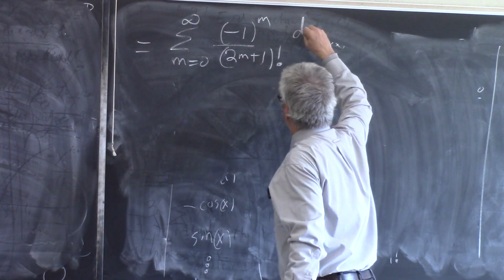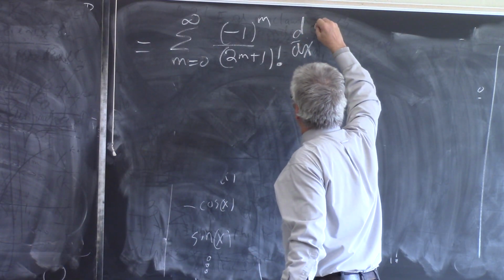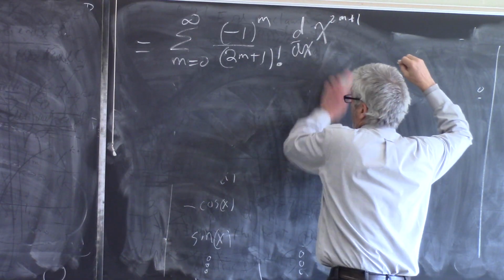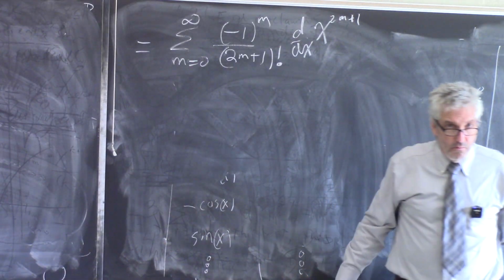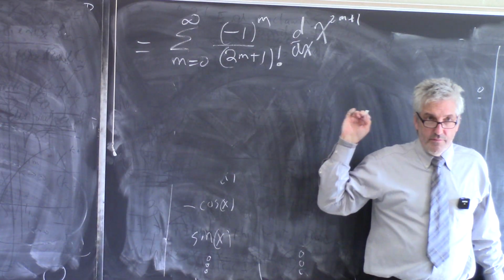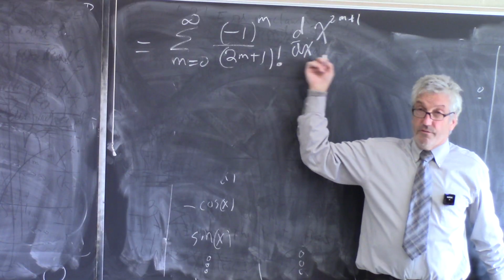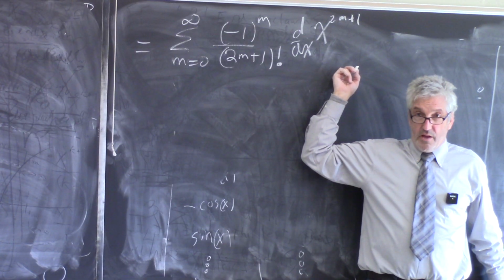And then I have to take the derivative of x to the 2m plus 1. All right, so what is that derivative? What is this derivative? Liam, you're the closest to having your hand up.